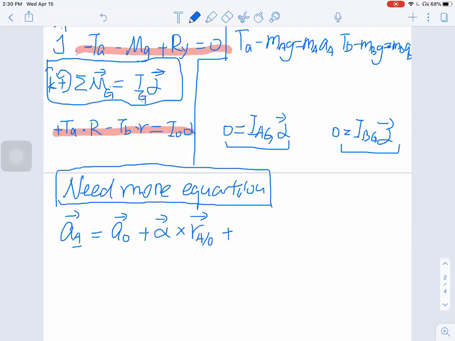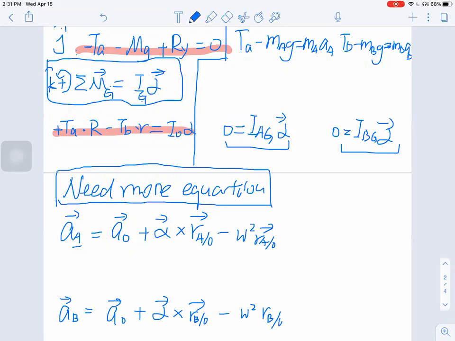We have another term here, minus omega squared r_A/O. So that's one equation we can get, right? Another equation is we can do the same thing for B. A_B equals A_O plus alpha cross r_B/O minus omega squared r_B/O.